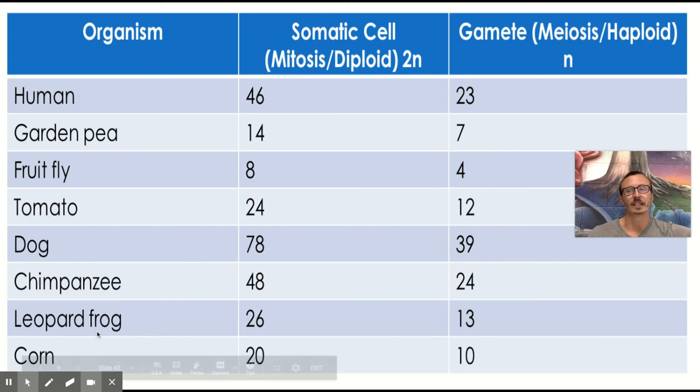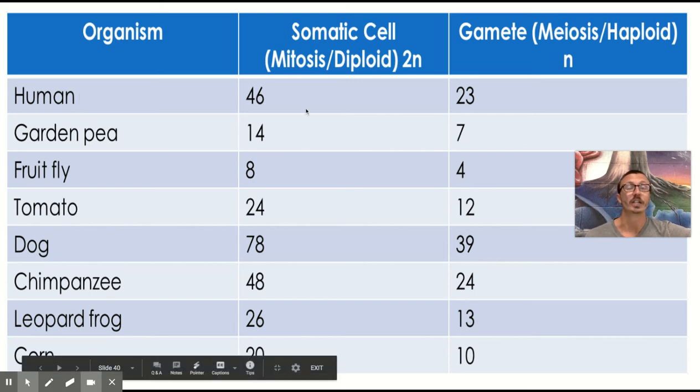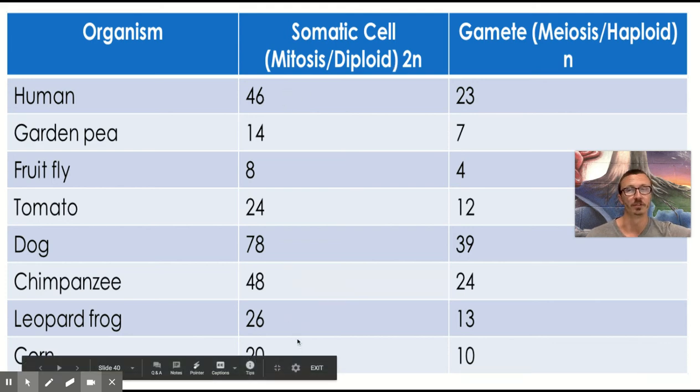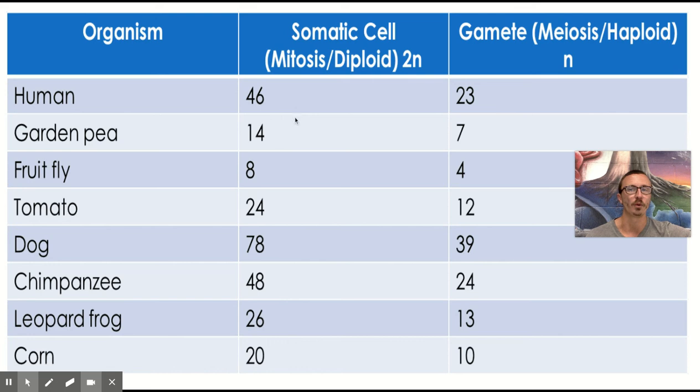Now, if we were to look at these different organisms and we were to look at their somatic cells in the diploid state, this would be the complete or total number of chromosomes they have, right? So we get humans 46 and a garden pea only has 14. And that garden pea would have 2 of each type, right? So how many types of chromosomes are there in a garden pea?